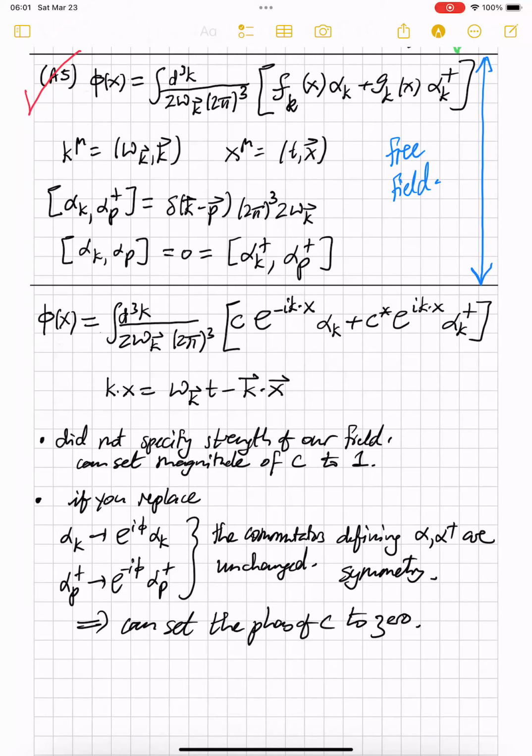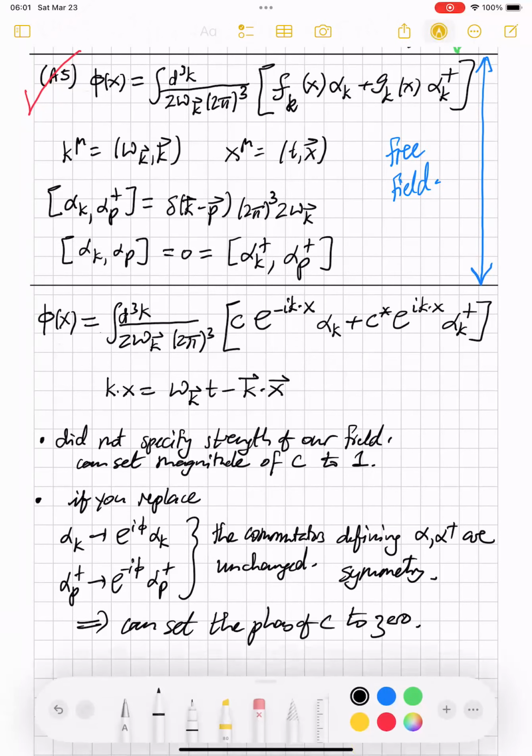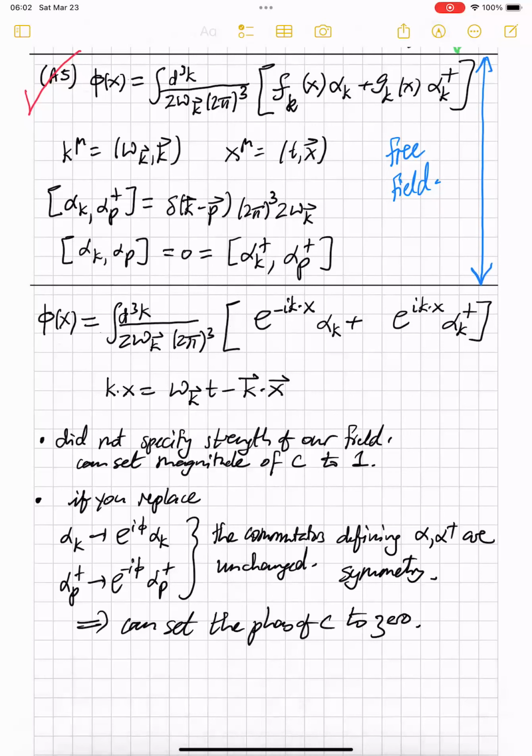And that means actually we can remove C. So by a choice of units and a choice of phase for our oscillators, we are able to completely remove C from our formulas. So that gives us a slightly different mode expansion.